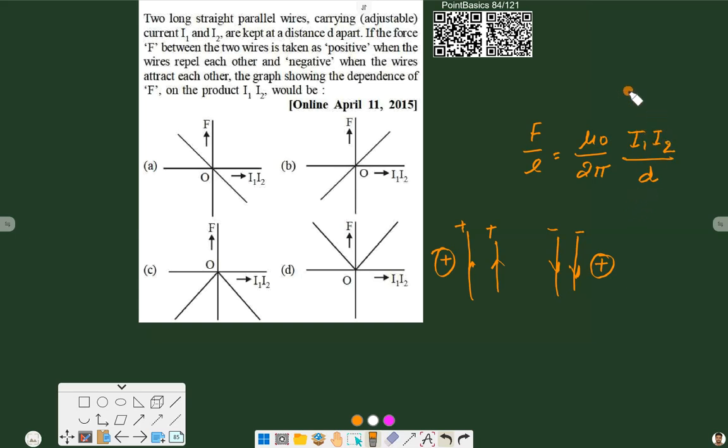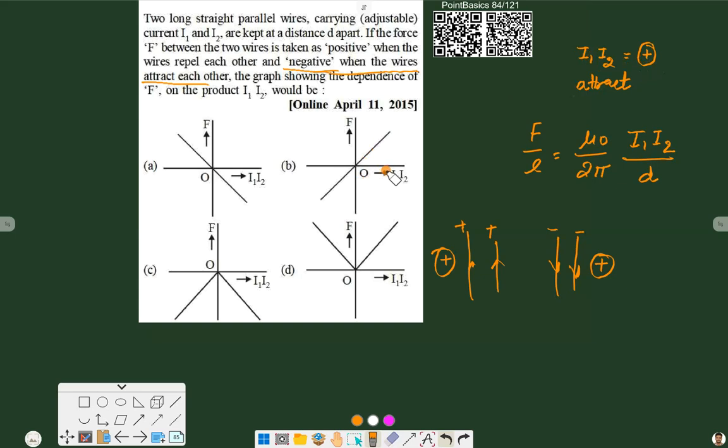So when the product of I1 and I2 is positive, they will attract each other. And here it is mentioned that if they attract each other, we have to take the force as negative. So the force is negative when the I1 I2 product is positive.